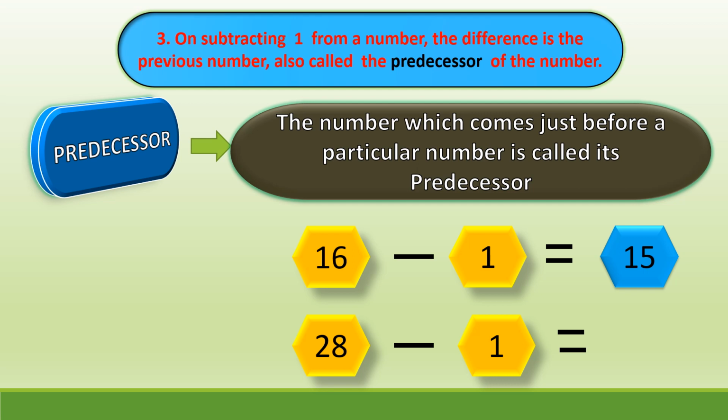What is the before number of 28? It is 27. 28 minus 1 gives us 27. I hope you have understood these three properties of subtraction. If you have understood them, let's get back fast and solve the exercise.